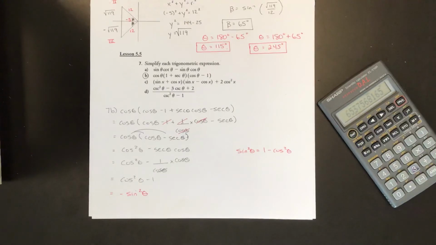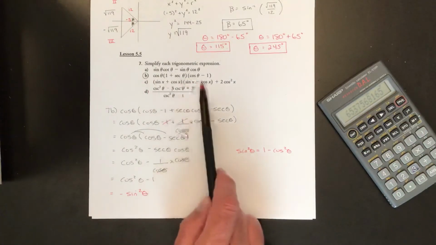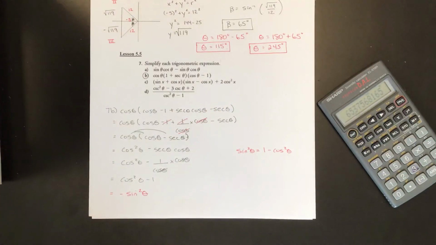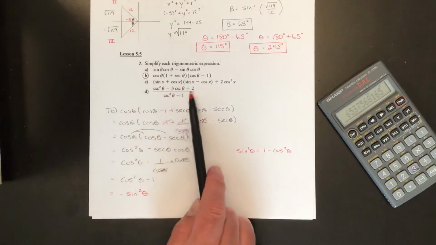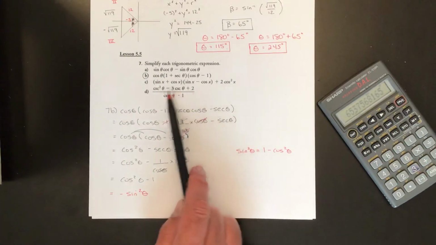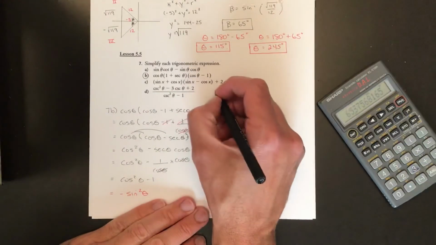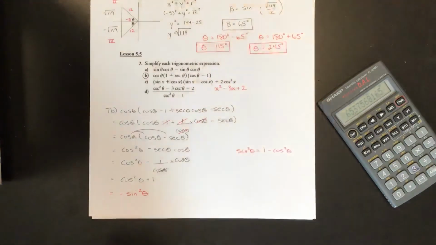Okay? For C, you would just FOIL those two brackets together. You want to multiply those, then you can add in the 2 cos squared x. And it'll simplify. For D, this is actually a factoring question in the numerator. Because if we get rid of that cosecant squared, if I change that to x squared minus 3x plus 2, now it becomes more recognizable as a factoring question.